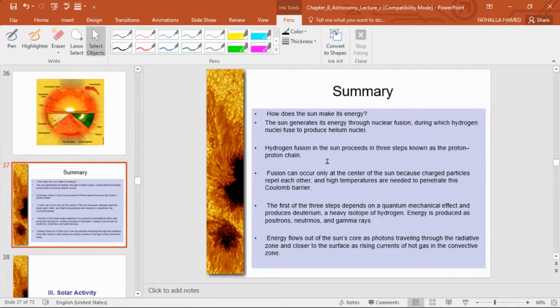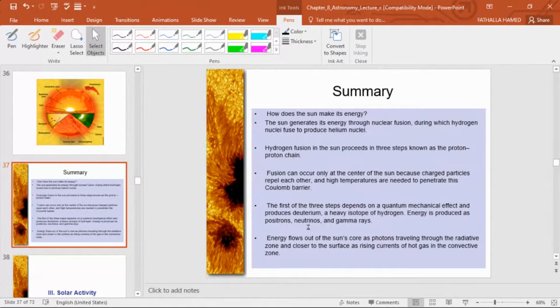Hydrogen fusion in the sun proceeds in 3 steps known as the proton-proton chain. And I showed you that proton-proton chain. Fusion can occur only at the center of the sun because charged particles repel each other, and high temperatures are needed to penetrate the Coulomb barrier. And I told you about the Coulomb force.